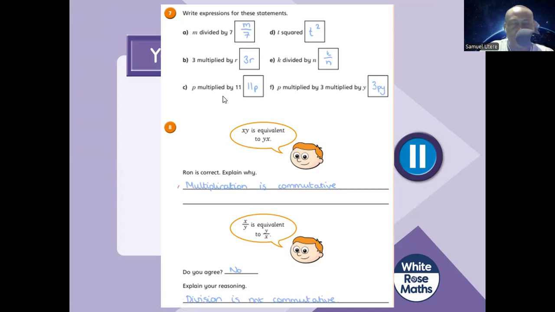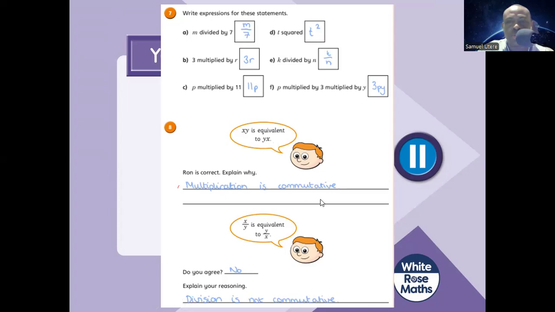Okay, p multiplied by 11. Remember, we always write the number before the letter. So you write 11 and then p. p multiplied by 3 multiplied by y. Remember, you write the number, then you write the letters in alphabetical order. So you write 3py.